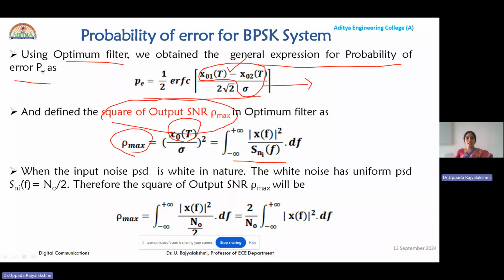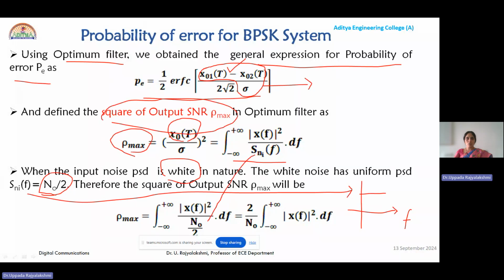We are considering the input noise as white noise, so its power spectral distribution is uniform throughout the frequency. This is our SNi(f), and its magnitude is constant and equal to N0 by 2, which is independent of frequency. So you can replace SNi(f) by N0 by 2.